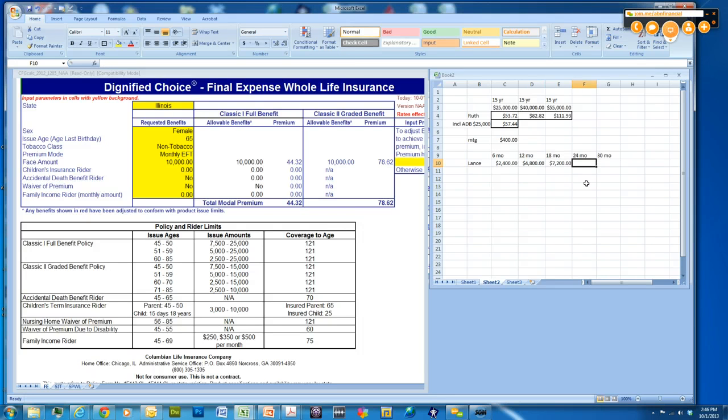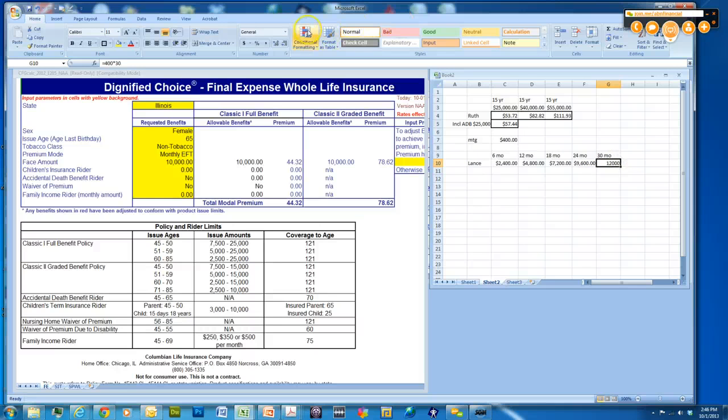And 7,200 plus 2,400 is 9,600, which is 24 months. Then 30 months is 400 times 30, which is 12,000.